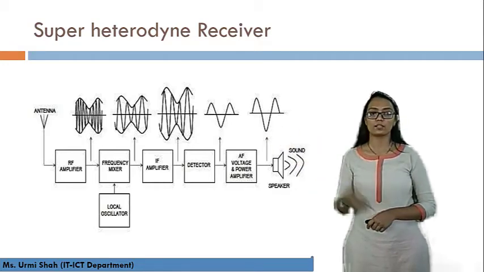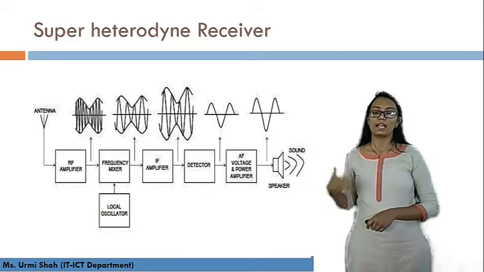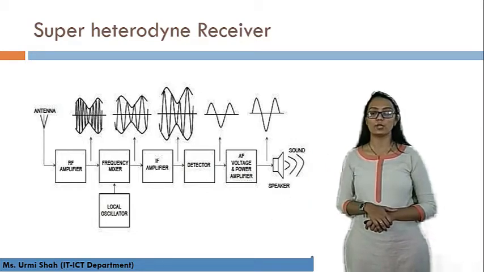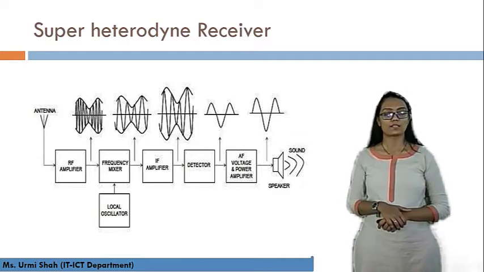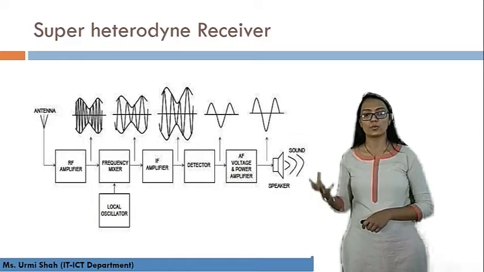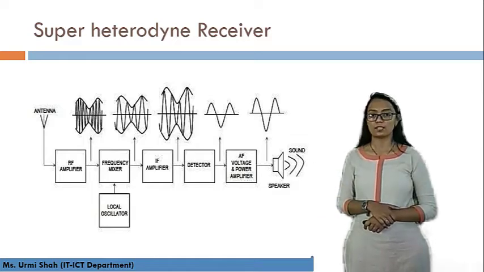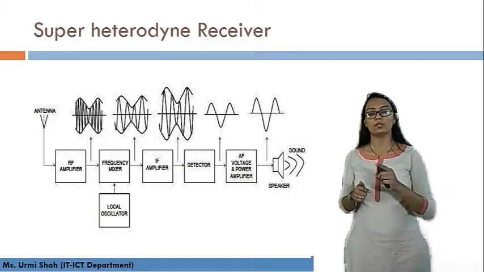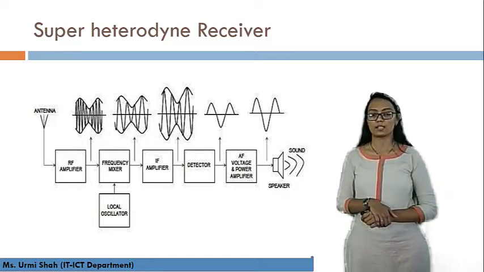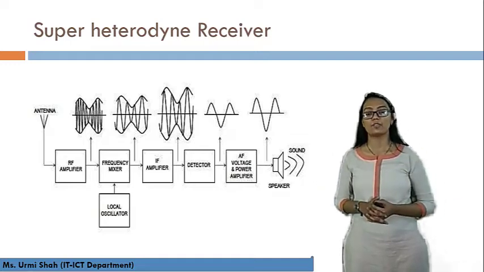From the antenna block, the received signal is passed on to the RF amplifier, then to the frequency mixer, and then the local oscillator circuitry generates its signal. The RF amplifier processes the signal into the mixer, where it is added with the local oscillator signal, and further it is processed by the IF amplifier.